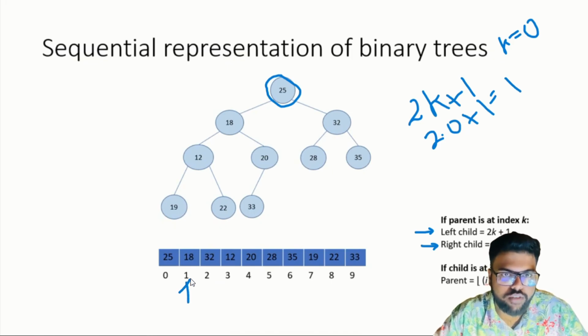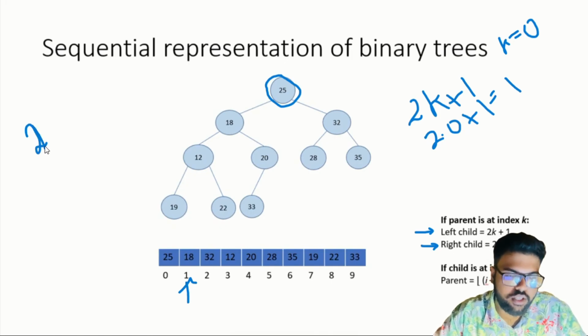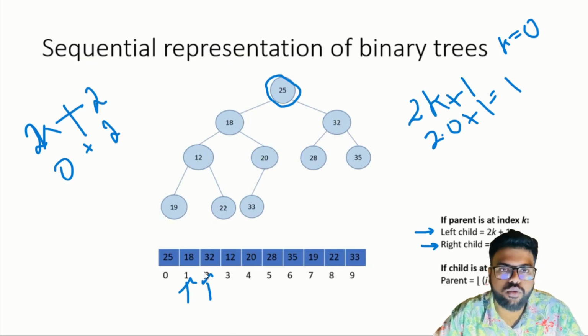It means 25's left child is stored at index 1. Look at this, this is correct. Now let's see the right child. The right child equation is 2k plus 2. 0 plus 2, this is stored at index 2. So now let's see the 18 node.